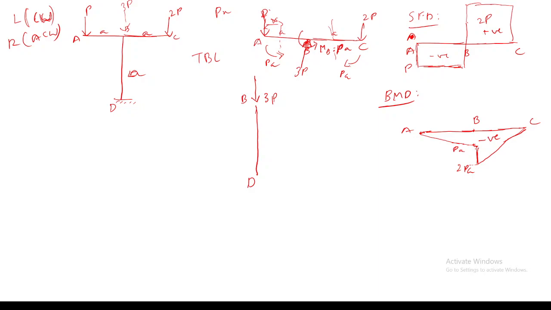Since the net moment is towards this, I am giving a moment in the opposite direction. That is for member ABC alone. So if I'm taking member BD, what will happen? I have to invert this moment. For example, this is acting towards this, so I will take the opposite direction.